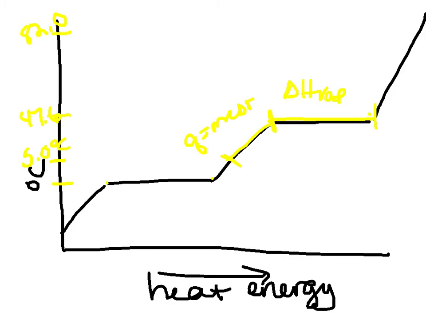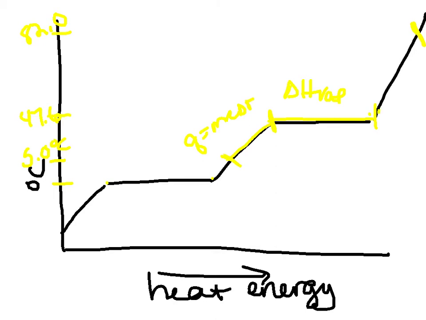And then the next step will be to have the substance now turning into the gas phase to calculate the amount of heat energy that goes into the system to go from the boiling point up to the peak temperature that's given to us.